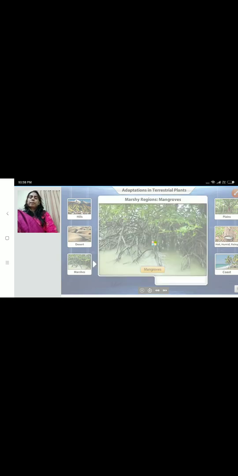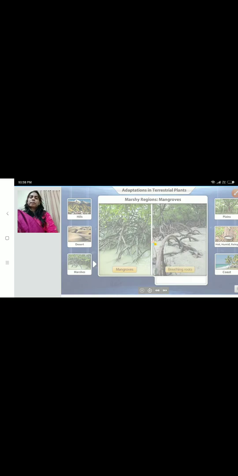The sticky, clay marsh soil makes it difficult for roots of plants to get air. Mangroves have special breathing roots that grow above the soil to take in air.